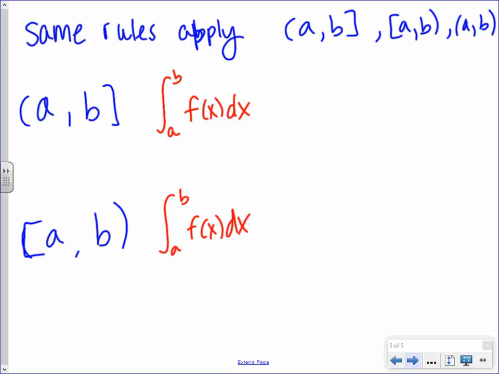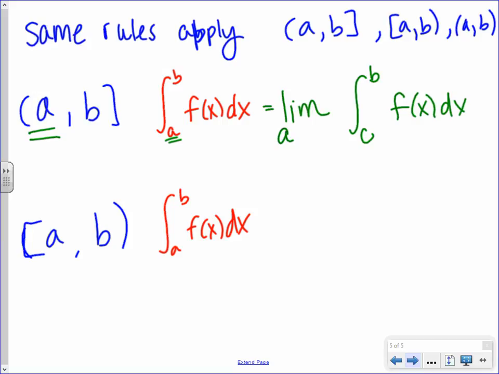In this case, we have a discontinuity at A. So A is what we need to replace with some letter, and we're going to write the limit as C approaches A. Is it a right or a left-hand limit?